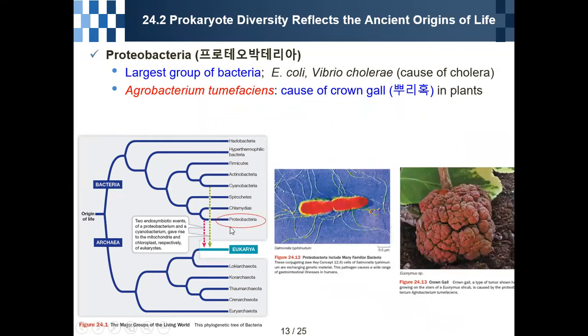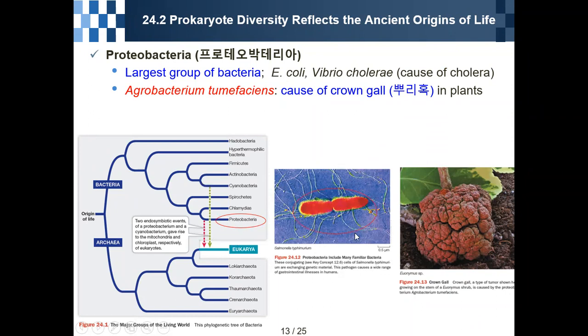The final group in bacteria is the proteobacteria. This is the largest group of bacteria. Most bacteria belong to the proteobacteria. For example, E. coli, which we already know. Also Vibrio, which causes cholera, belongs to the proteobacteria.